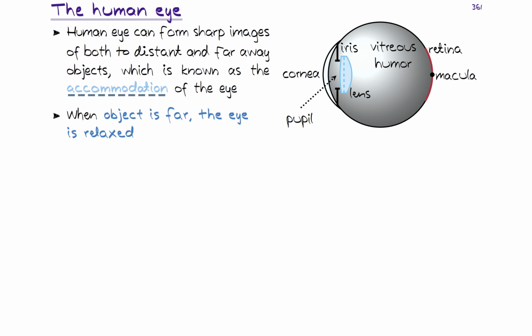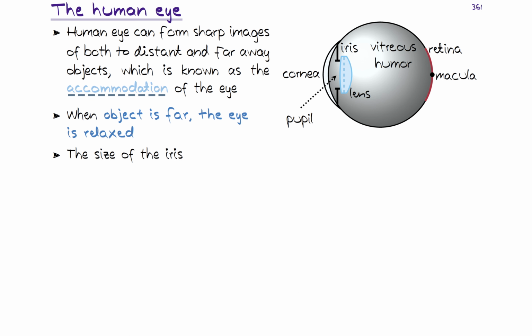But when we want to image objects that are closer by, we actually do work with the muscles, and in the longer run this makes it more difficult. This is a consideration we must remember when designing optical instrumentation where we are using the human eye to look at things.